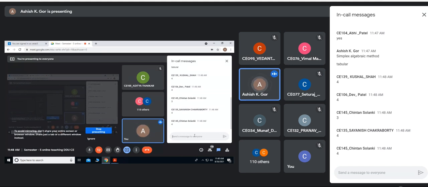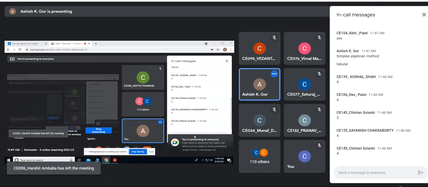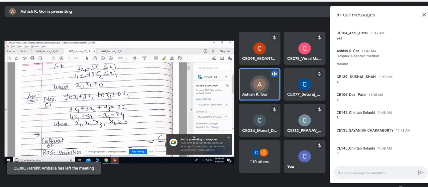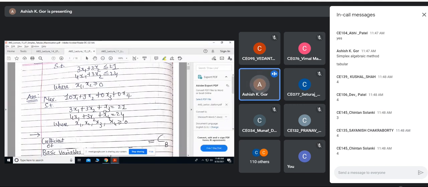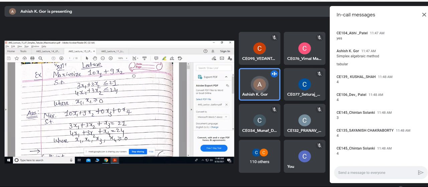If you see the initial simplex table, there are three tables. I mean, there are three iterations. So the same thing is going to be addressed in the tabular method. Let us see how. I'm taking the same problem so that we know the answer and everything, so it becomes easy to understand.